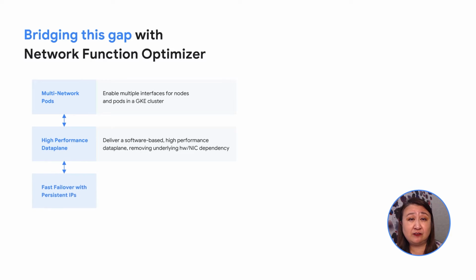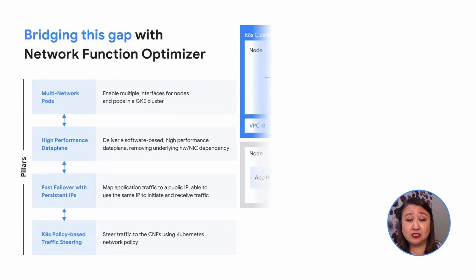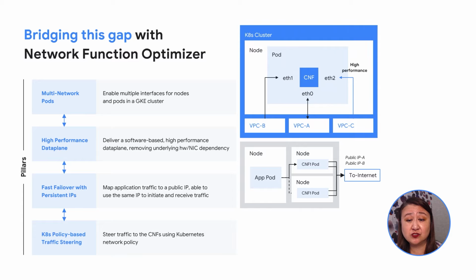Thirdly, we provide fast failover with persistent IPs, so we can map the application traffic to the public IP and use the same IP to initiate and receive traffic. Lastly, we provide Kubernetes-based, policy-based traffic steering, so you can steer the traffic to the container network functions using Kubernetes network policy.